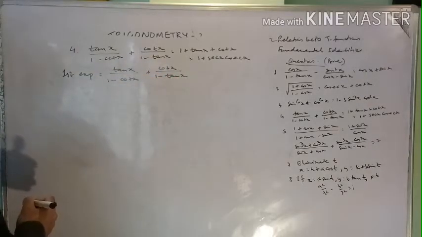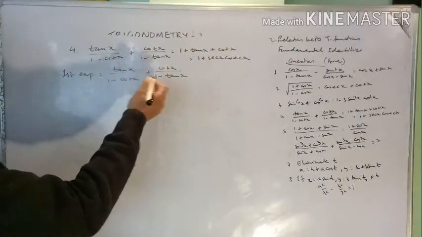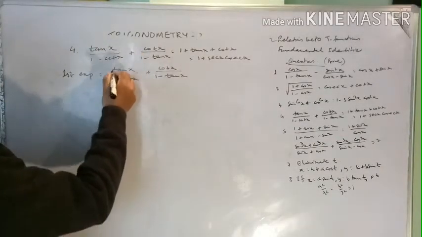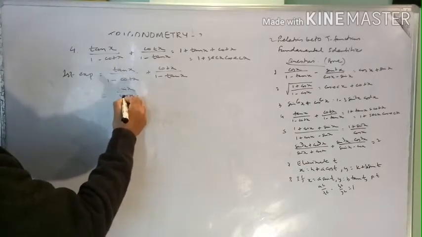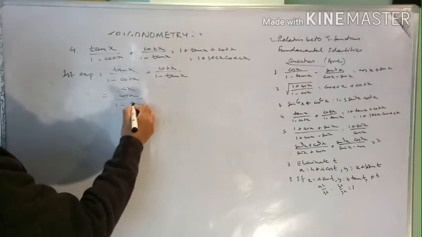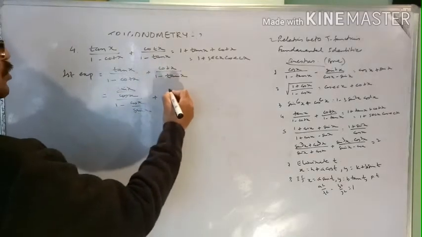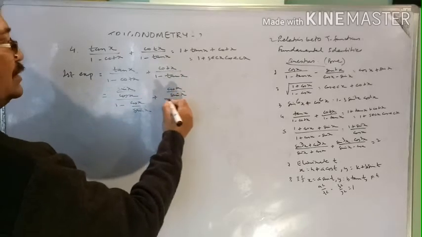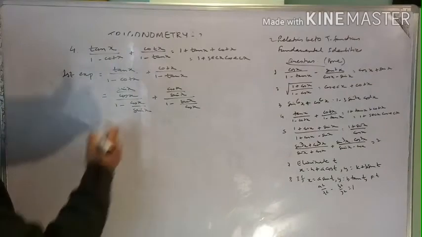Better, we change this into sin and cos, then we can simplify and get that one. It will be easier. So this will be tan x is sin x by cos x upon 1 minus cos x by sin x, plus cot x is cos x by sin x upon 1 minus sin x by cos x, tan is sin by cos.